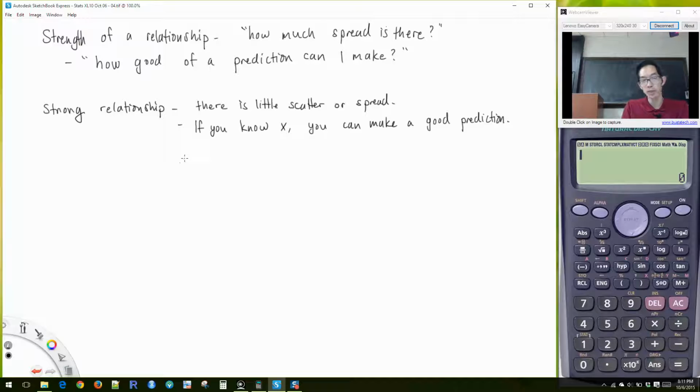So probably the snake length and weight would be a good strong relationship.